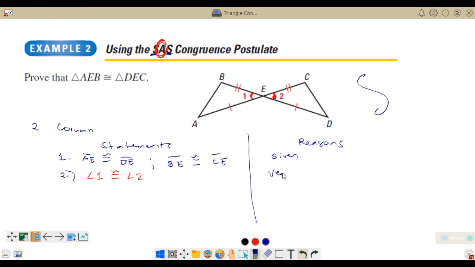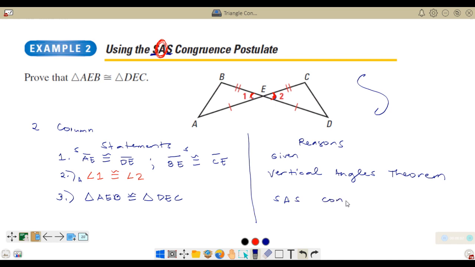So, meron tayong idea that vertical angles are congruent because of the vertical angles theorem. Okay? So, since meron na tayong S, A, S, number 3, triangle AEB is congruent to triangle DEC through the SAS congruence postulate.